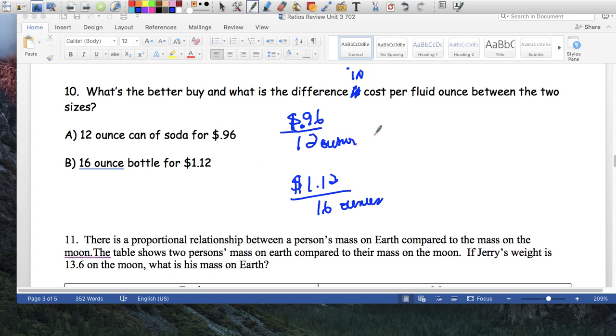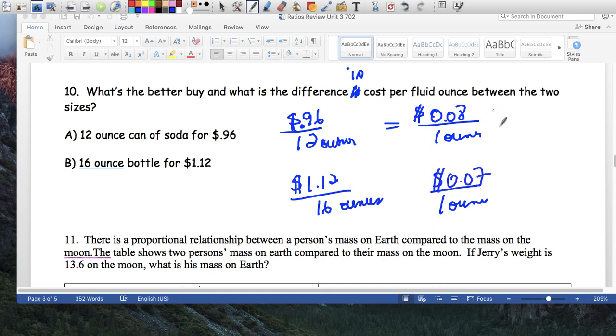So find the unit rate: 1 ounce here, 1 ounce here. All you've got to do is divide. So 0.96 divided by 12 equals 0.08, so this one costs you 0.08 dollars per ounce. And the bottom one is 1.12 divided by 16 ounces, which gives you 0.07.